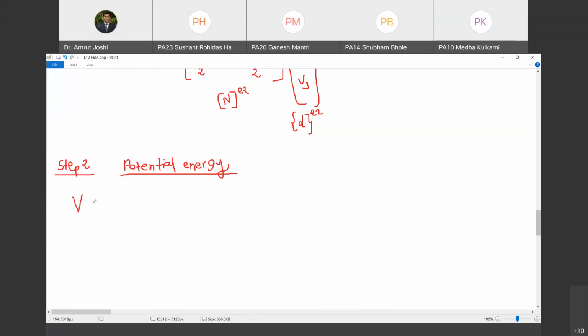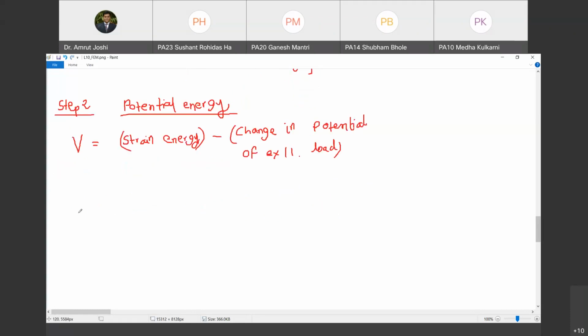Potential energy V for the entire structure will be given by strain energy minus change in potential of external load.